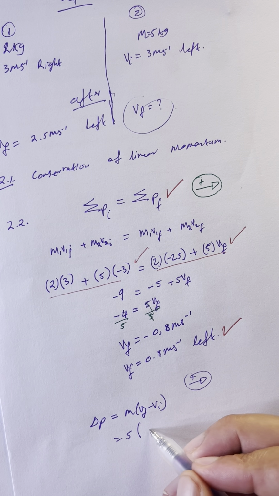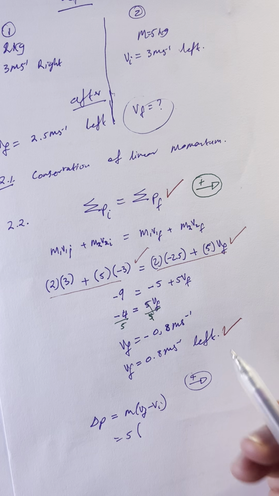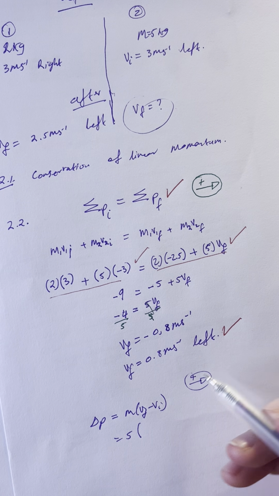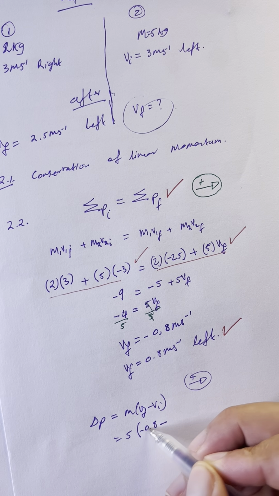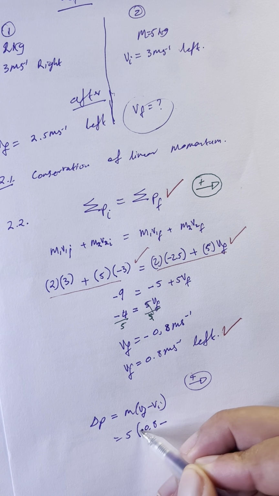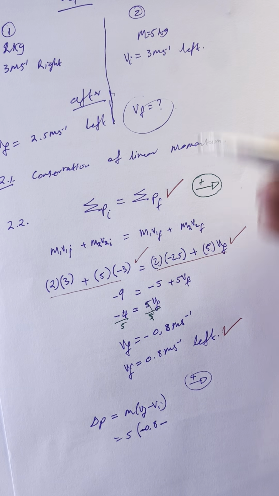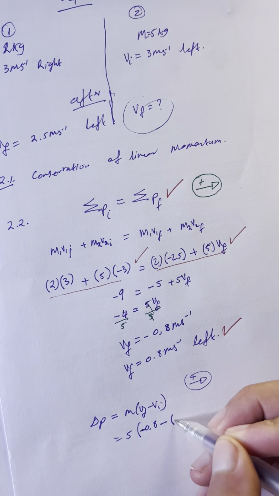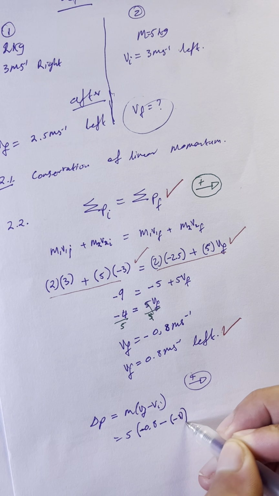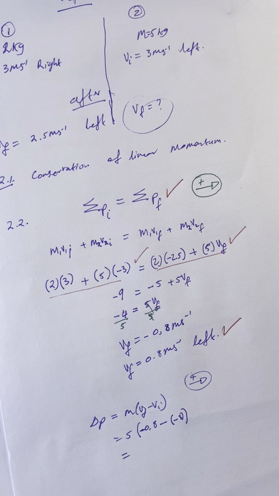So final is in the negative direction, it's going left, so it's negative 0.8, minus the initial velocity. The initial velocity was to the left also, so it should be minus, into minus 3, and you put this in a calculator to get your answer.